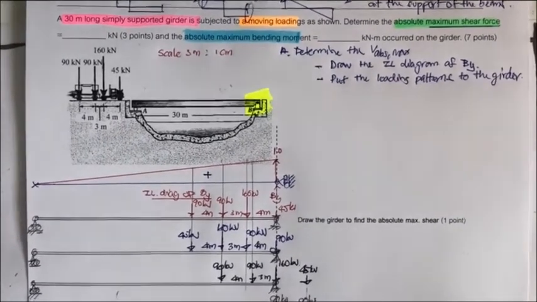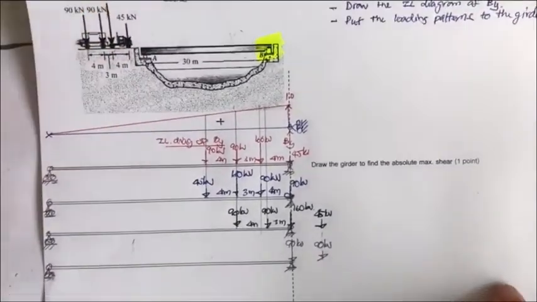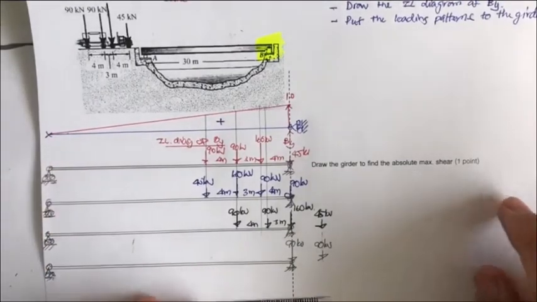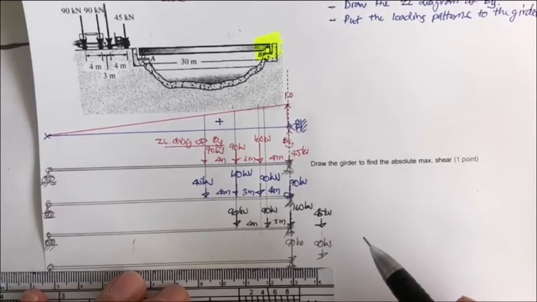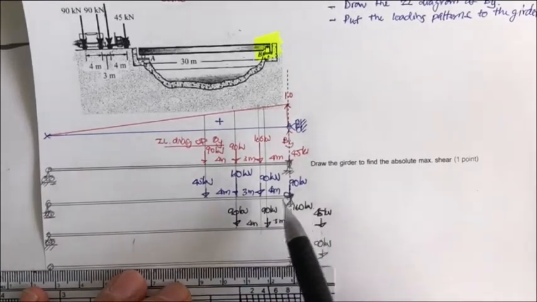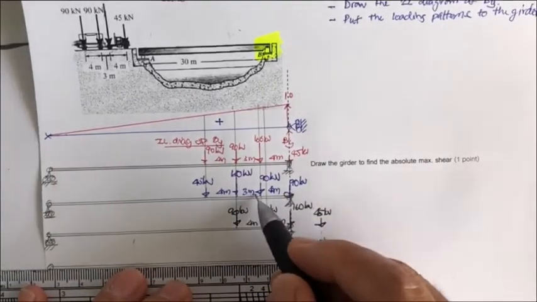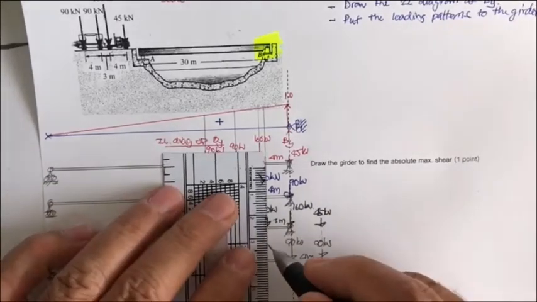And in this case, what we should have is this one moved here, and this one is 4 meter. So you have 3 meter between this one and this one of 160.